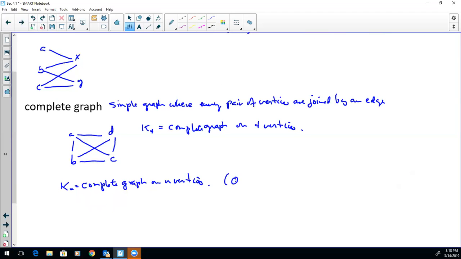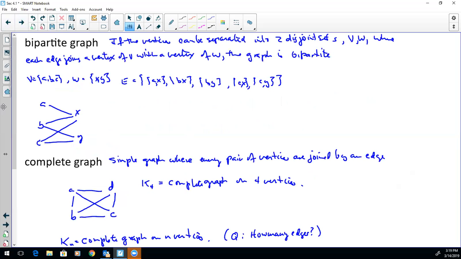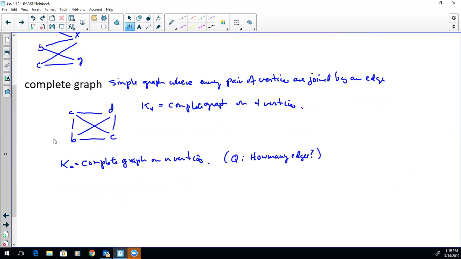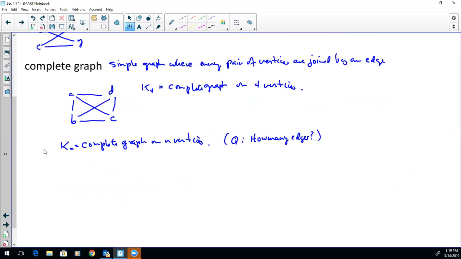So here's a question for you, and it's one of the homework questions. How many edges would something like this have? While we're thinking about this, we can combine these two ideas to a complete bipartite graph.